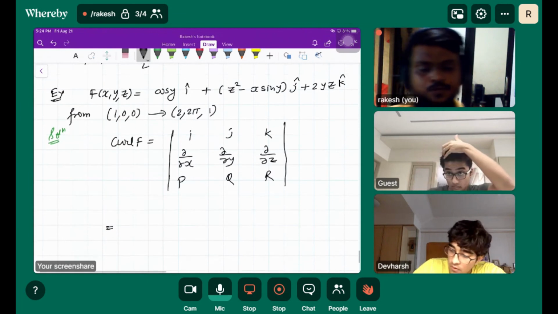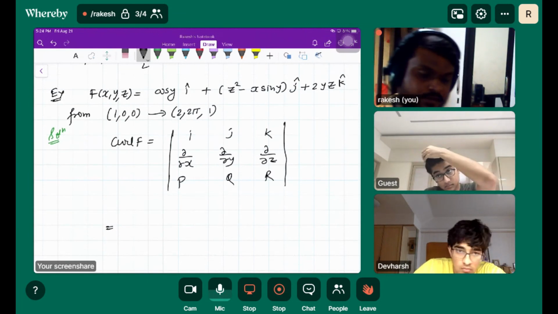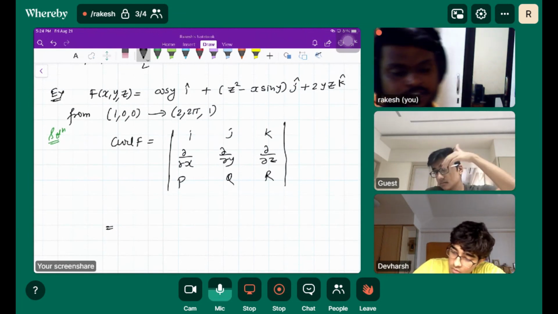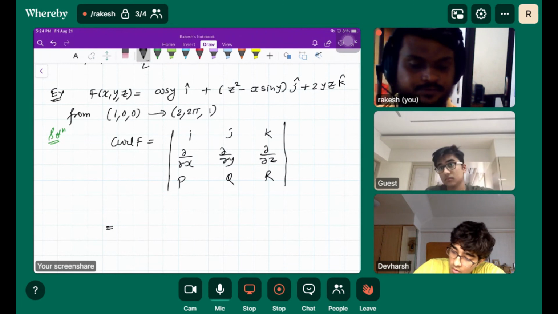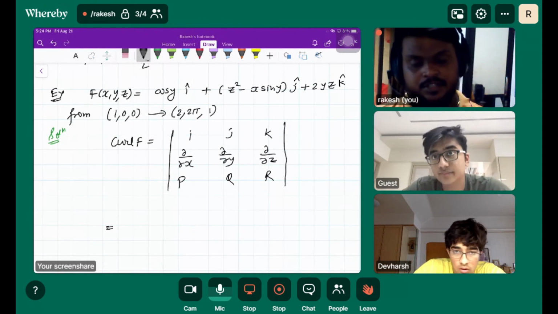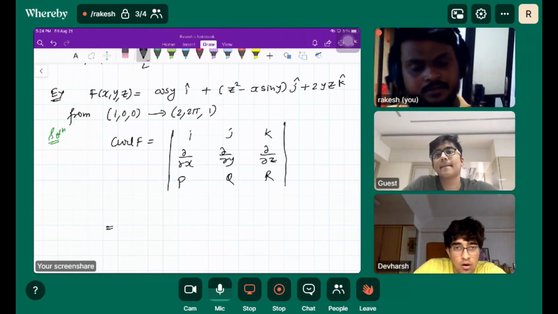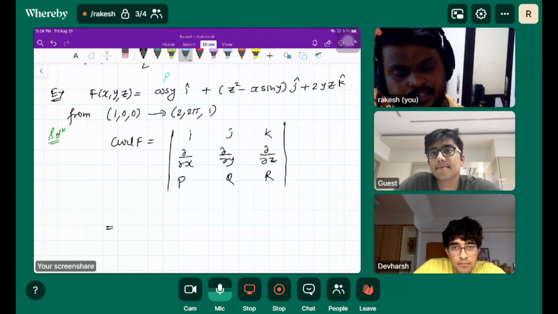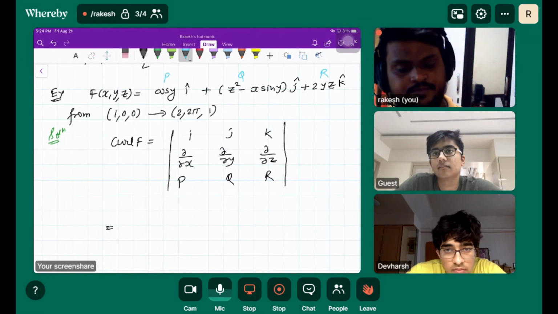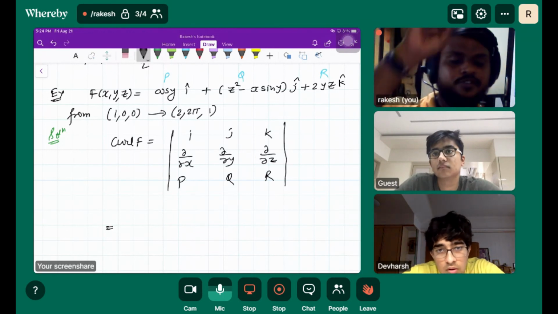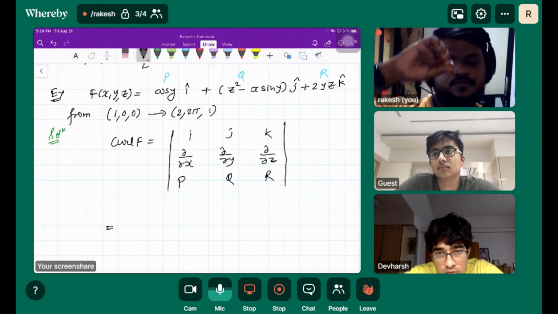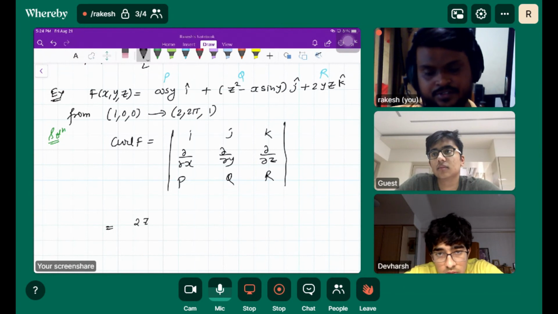What is the partial derivative of r with respect to y? See, first of all, make sure that this is p, this is q, this is r. So the partial derivative of r with respect to y is 2z.